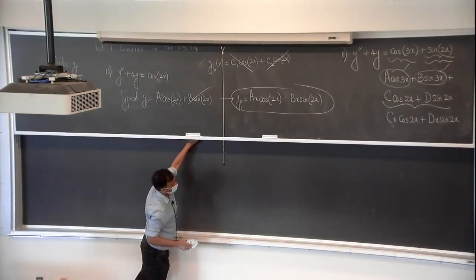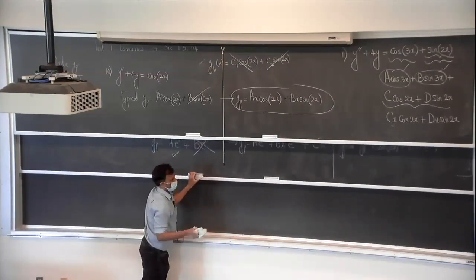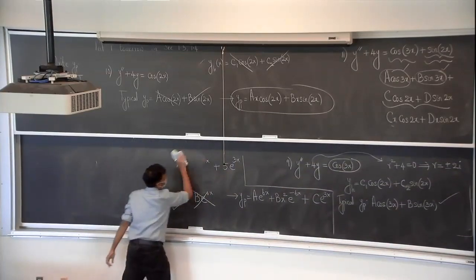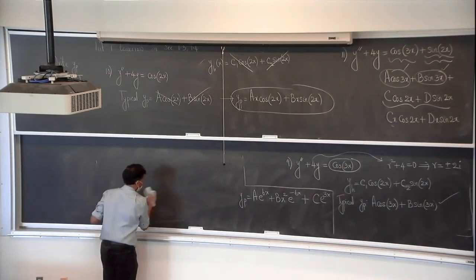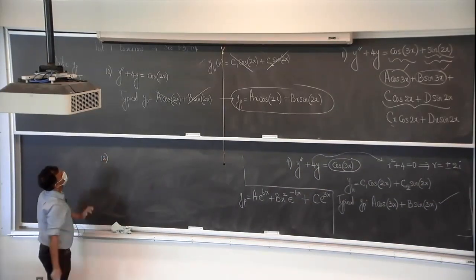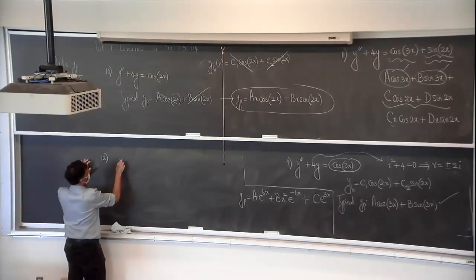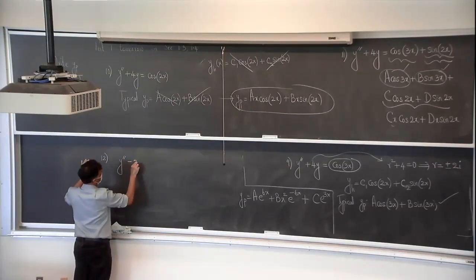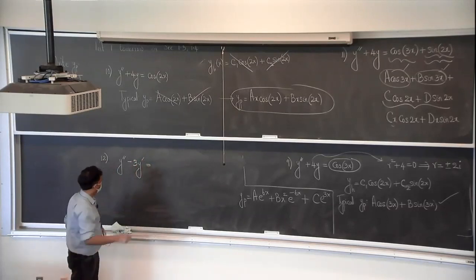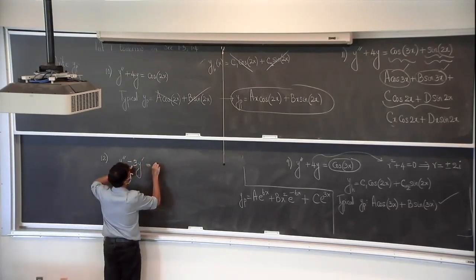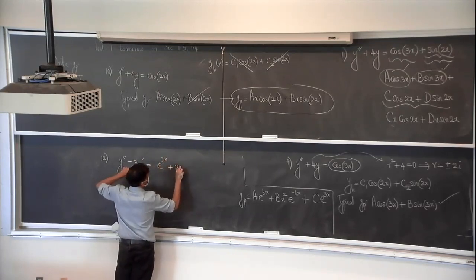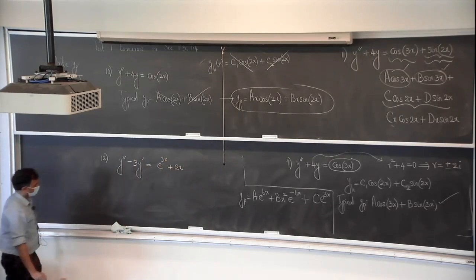So number 12. I'm going to do this fully. y double prime minus 3y prime equal to e to the power of 3x plus 2x.